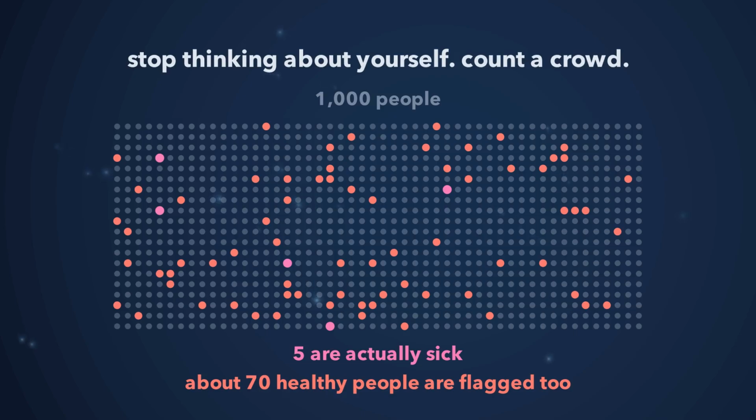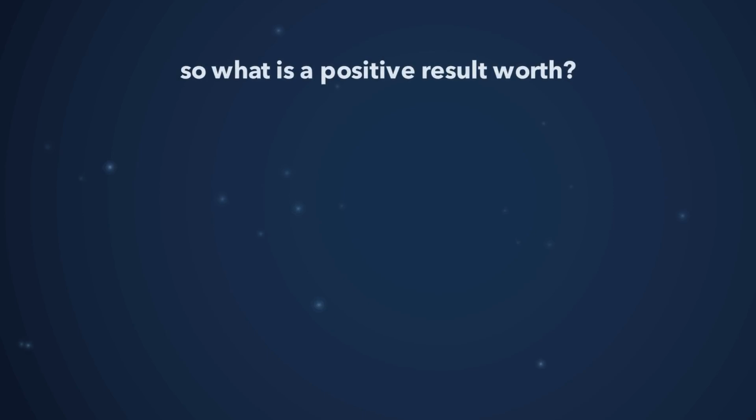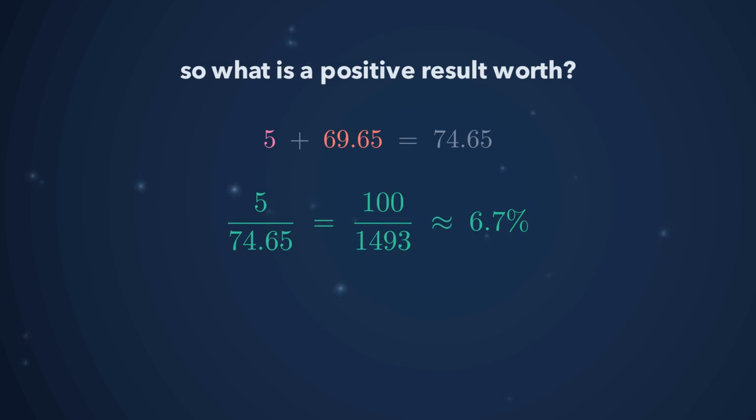That is about 70 more. 5 real cases, about 70 false ones, so roughly 75 positive results walk out of that room. Yours is one of them, and you cannot tell which kind you are. 5 out of 75 is about 1 in 15, 6.7%, and written exactly, it is 100 over 1493.